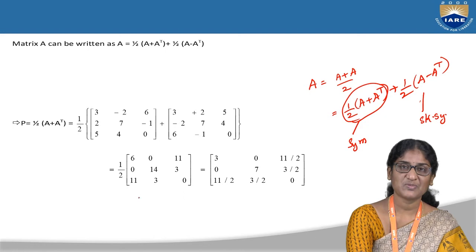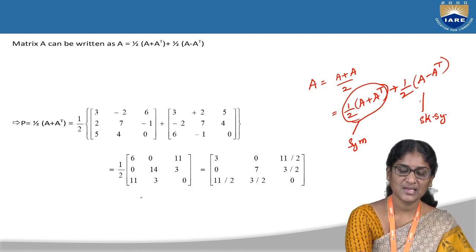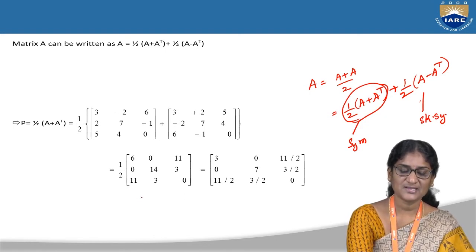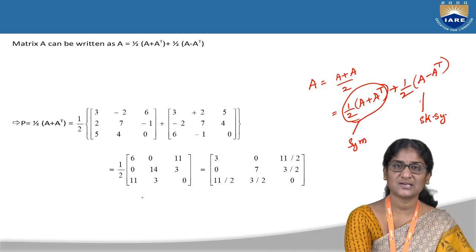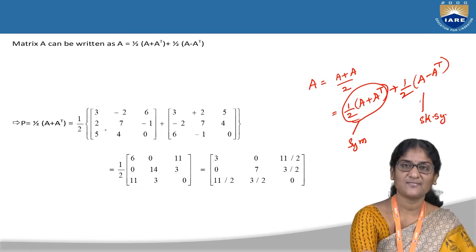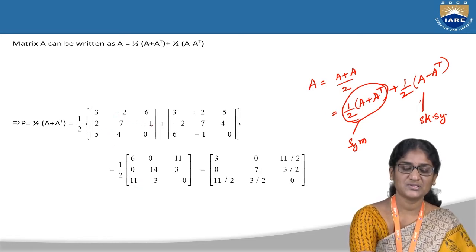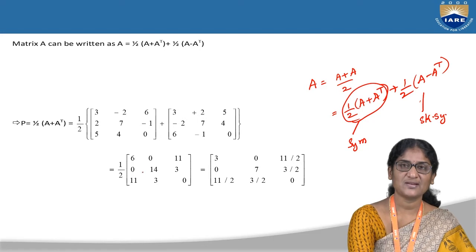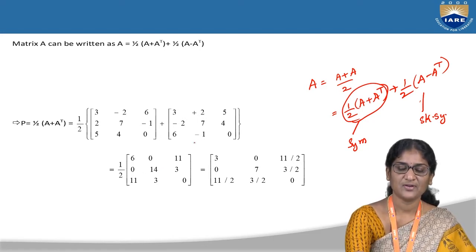Suppose P is my required symmetric matrix. If A is given, I have already calculated A transpose of the given matrix. So P is equal to half into A plus A transpose, which is half into 3, minus 2, 6; 2, 7, minus 1; 5, 4, 0, plus 3, 2, 5; minus 2, 7, 4; 6, minus 1, 0.